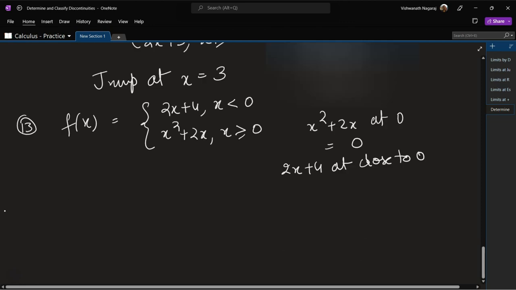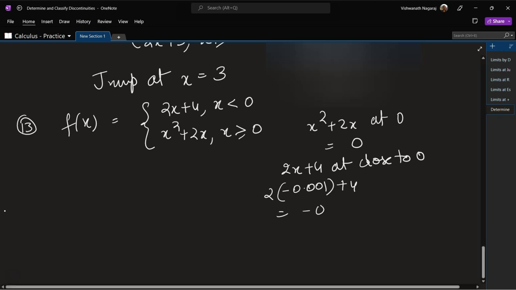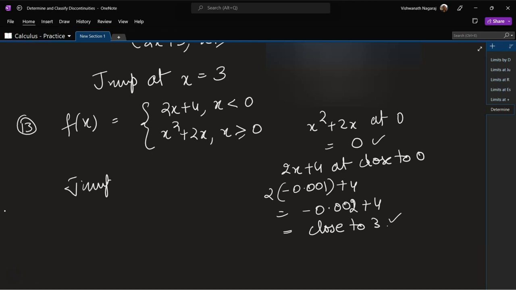If we get very close to 0 but less, so that means minus 0.001 times 2 plus 4 will give us what? Close to 3. So here it is 0, here it is 3. So which means there is a jump at x equal to 0.